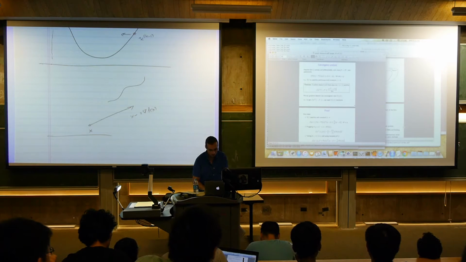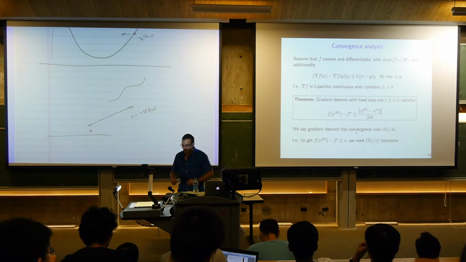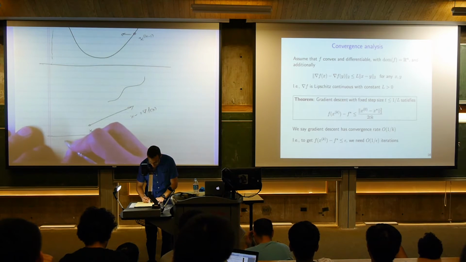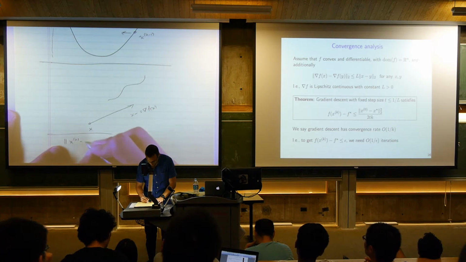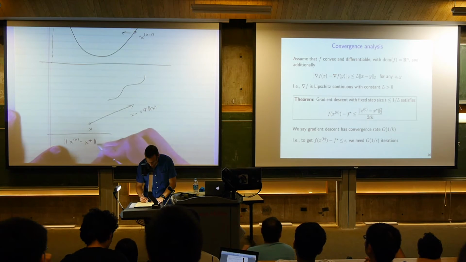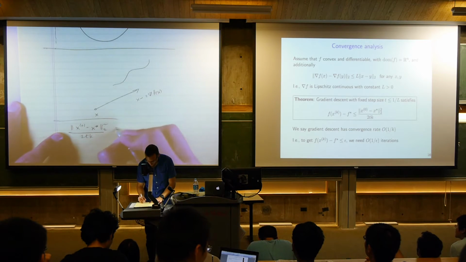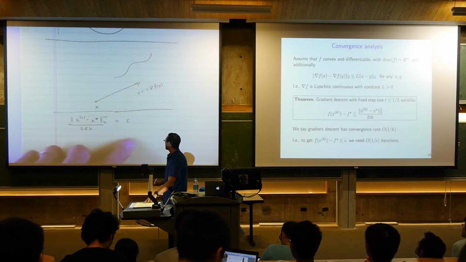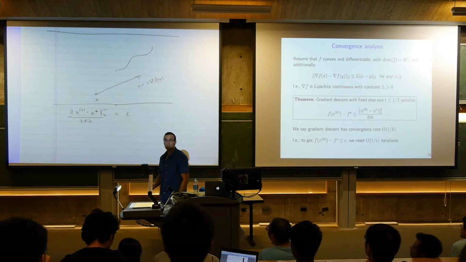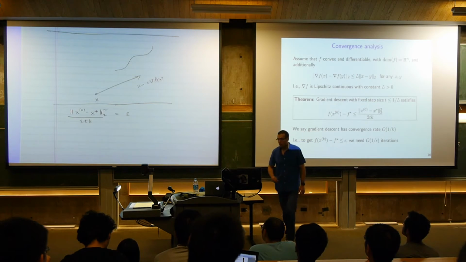We just flip that around. Suppose I know that this quantity upper bounds the suboptimality of my function. I want to choose k to be big enough so that the suboptimality is no more than epsilon, because this upper bounds my suboptimality. So how big does k need to be?